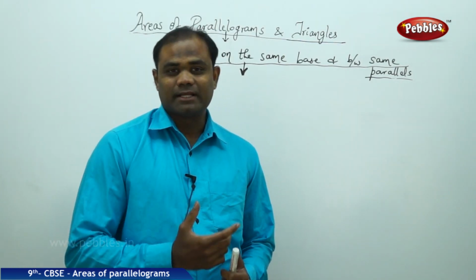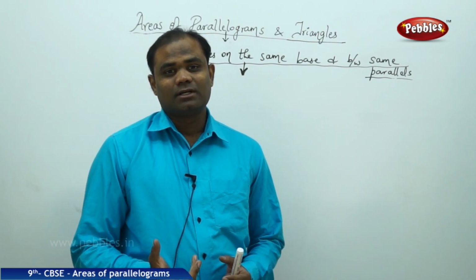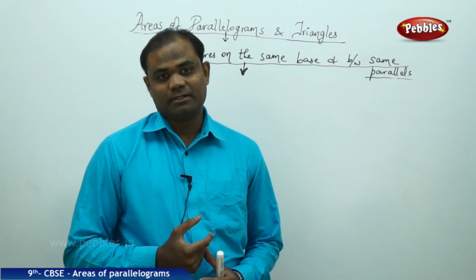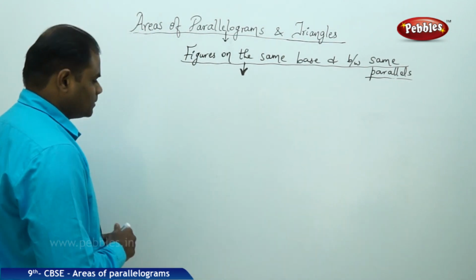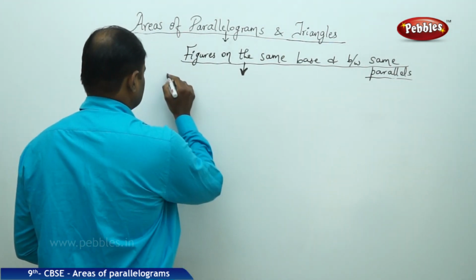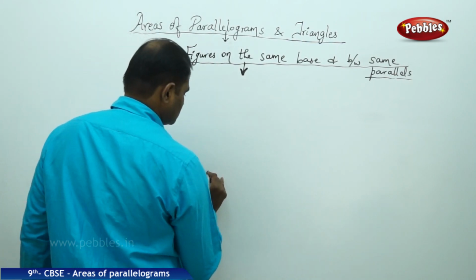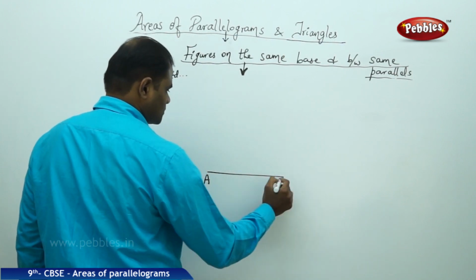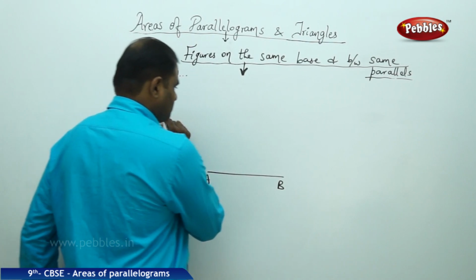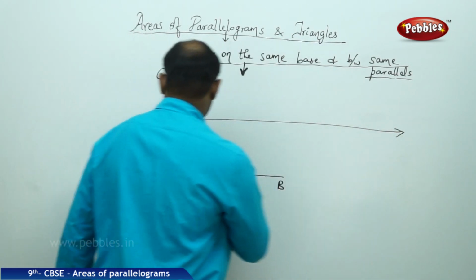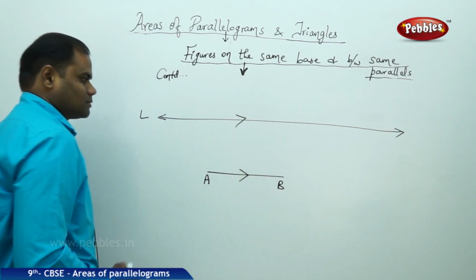Now let's take an example case where the two figures are not between same parallels to understand the concept better. For example, I take the same base AB and I take a parallel line L which is parallel to this.